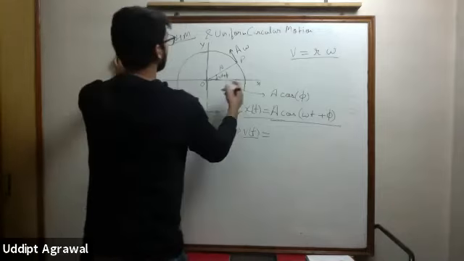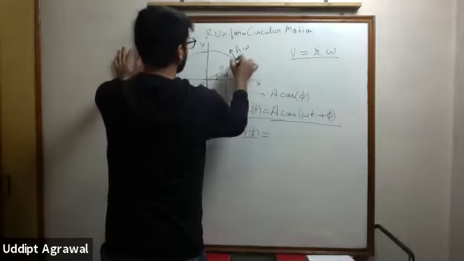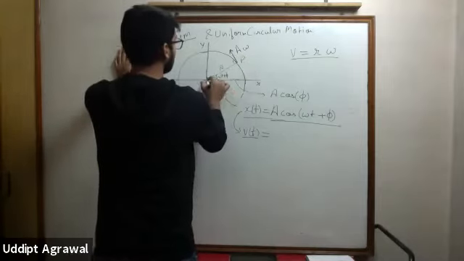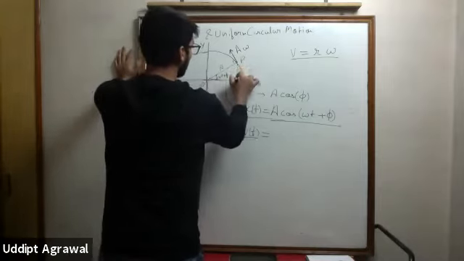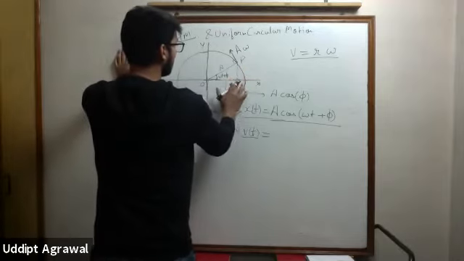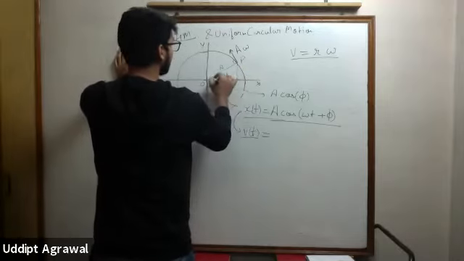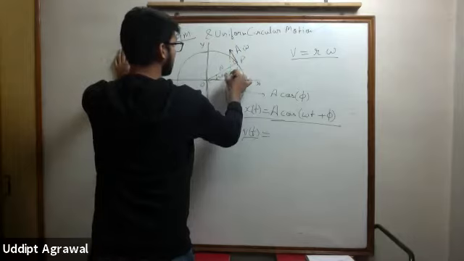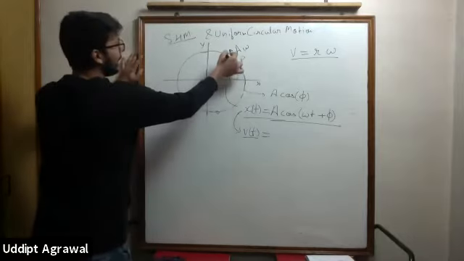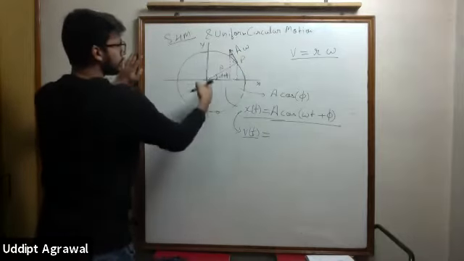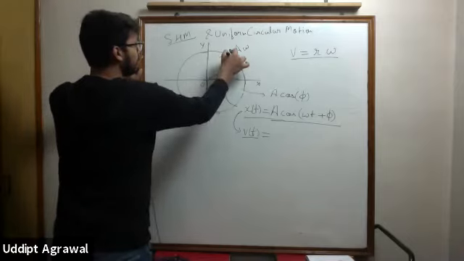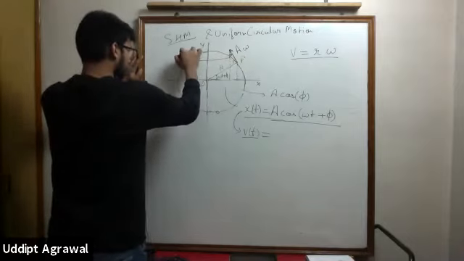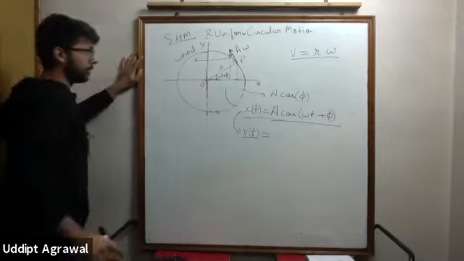Okay, let's do this then. So this is at 90 degrees. If you take the projection of P, it will come out at this point. Now, you'll see that the angle here will be equal to this angle. That means this is also omega t plus phi.